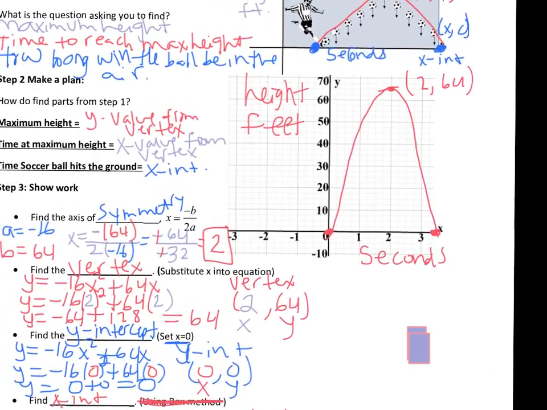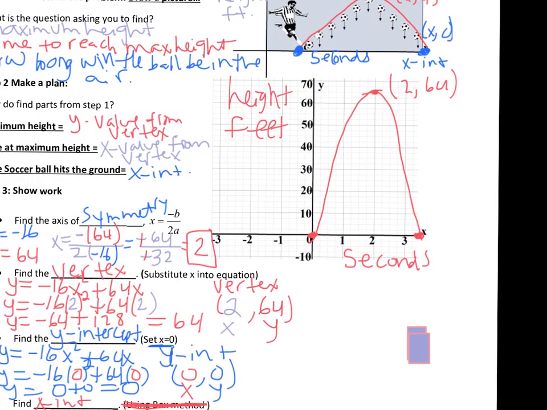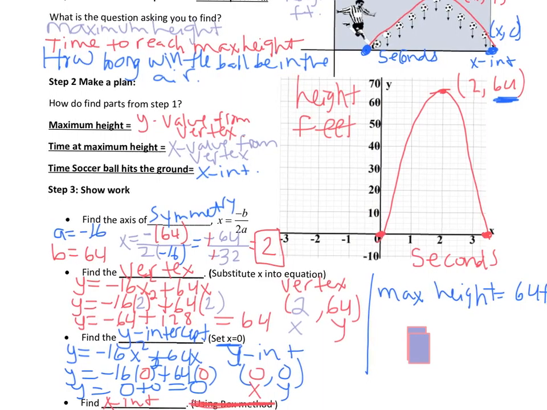So to answer the first question, what is the maximum height? The maximum height here would be 64. So 64 is the maximum height. So max height equals 64 feet. The next question asks us to find the time of the maximum height.